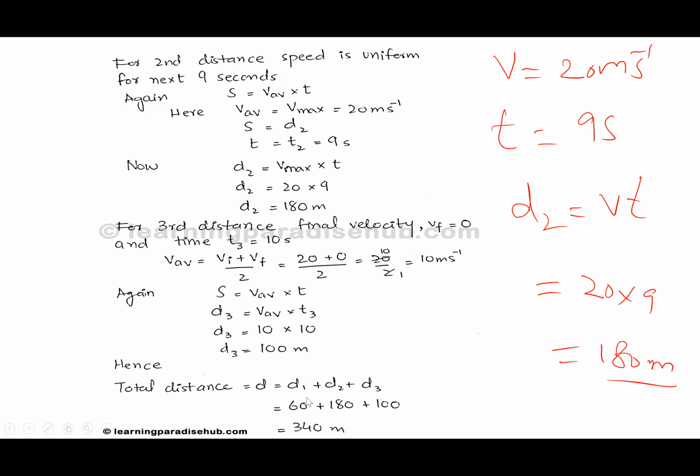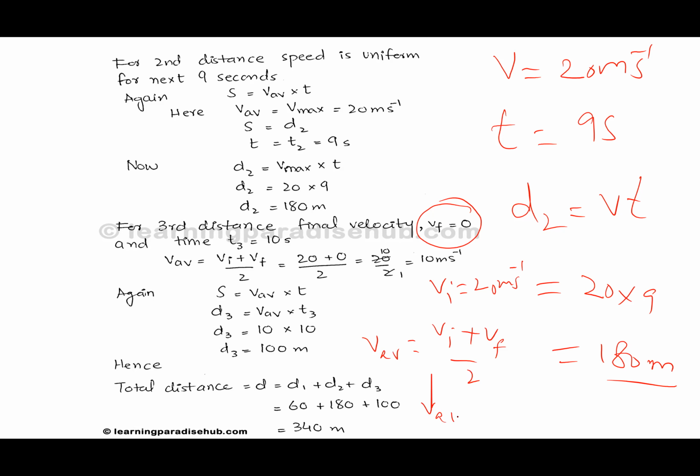Now in the third case, the final velocity is 0. Initial velocity is 20 meters per second. So we take the average. V average is equal to Vi plus Vf divided by 2.